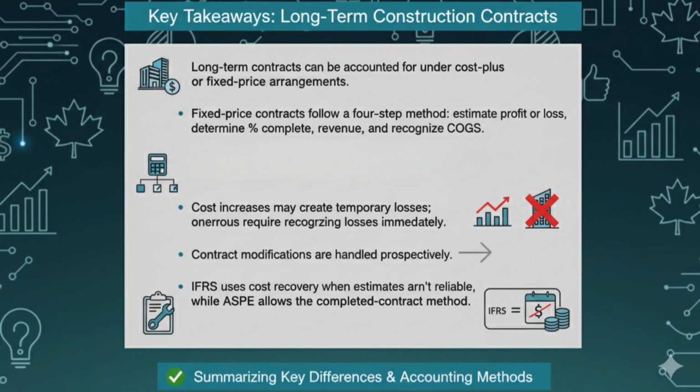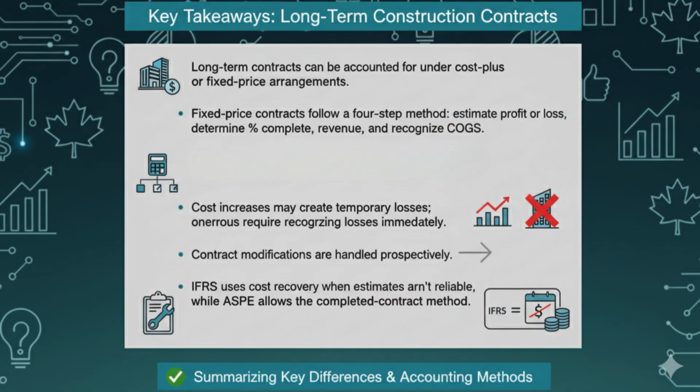Long-term contracts can be accounted for under cost-plus or fixed-price arrangements. Fixed-price contracts follow a four-step method: estimate profit or loss, determine percent complete, calculate revenue, and recognize cost of goods sold. Cost increases may create temporary losses. Onerous contracts require recognizing losses immediately.